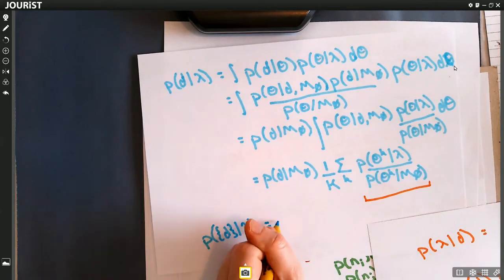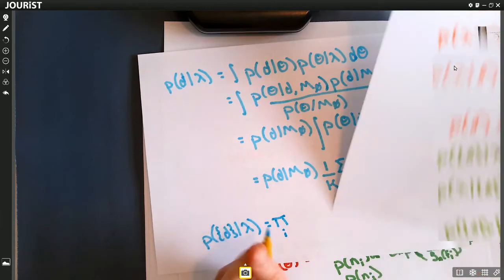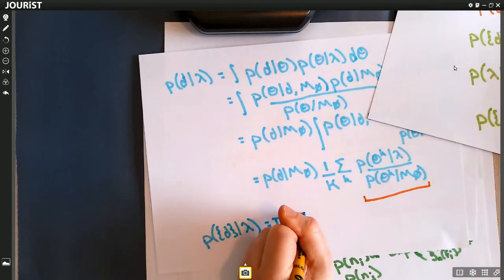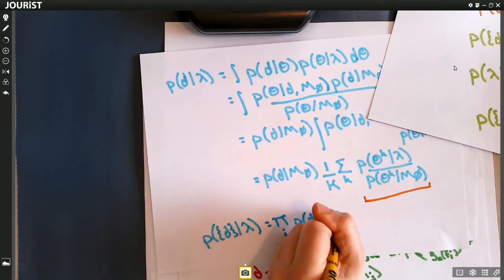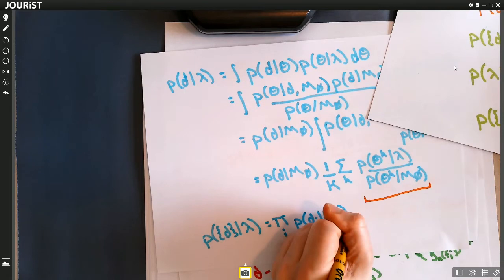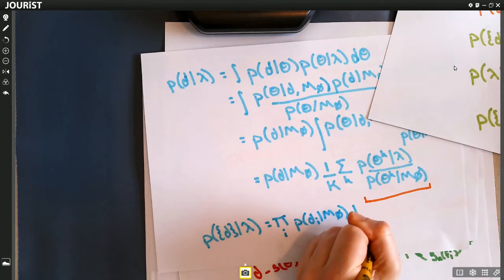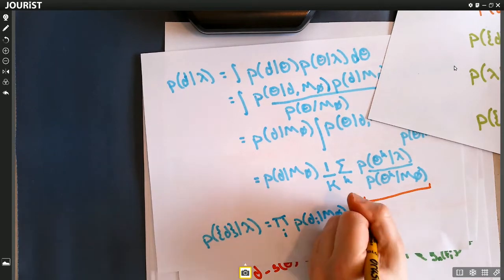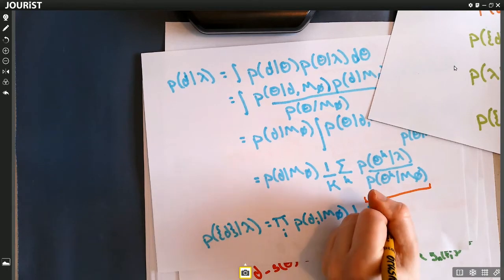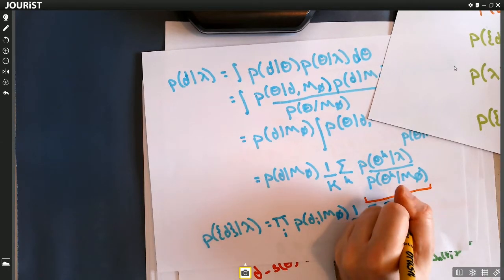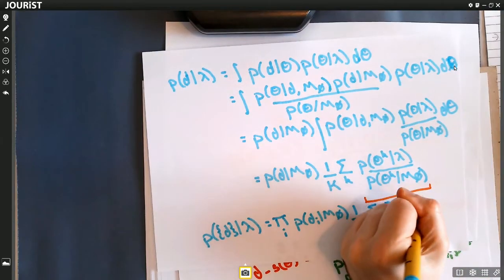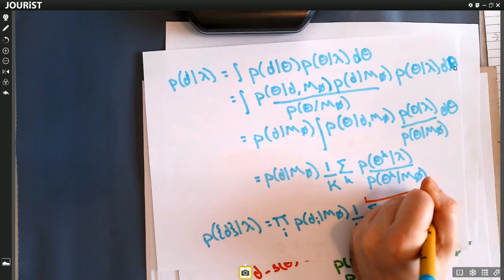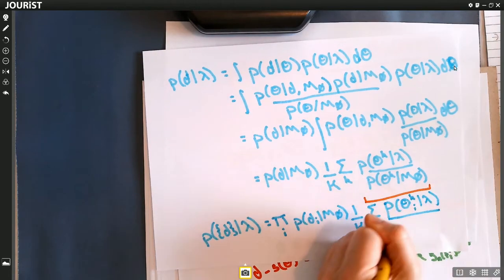So if we use i to index all our events, it's going to be the individual evidences under our default model, our sum over each of the kappas, and I'll put a little subscript i on just so we know that the theta are labeling the i-th event.